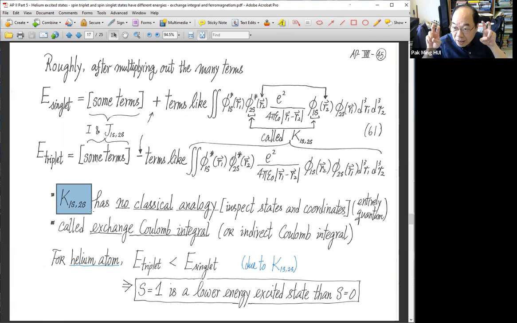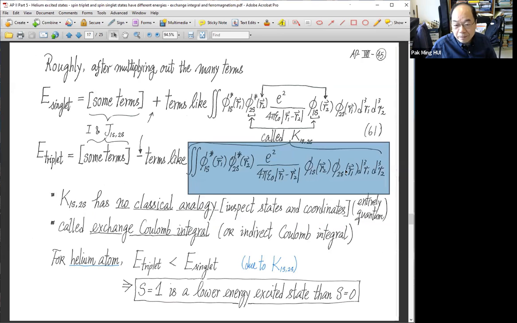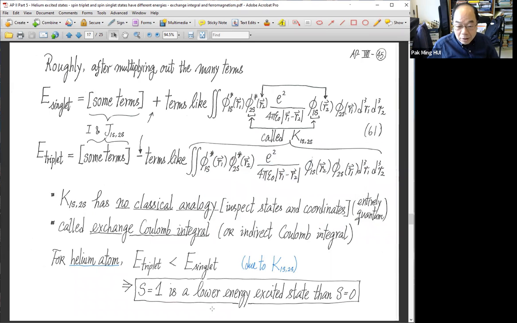K, called the integral K, and the subscript 1s,2s means we have two states, and once labeled that way, actually you can write down this integral. Okay, so the point is that it is due to a non-classical quantum effect.